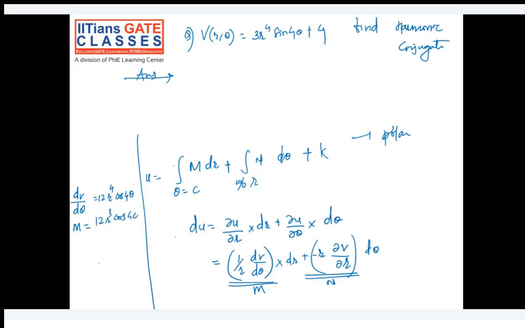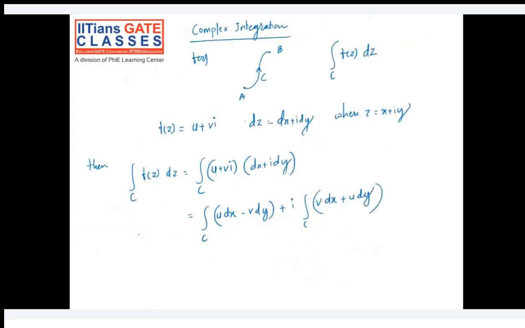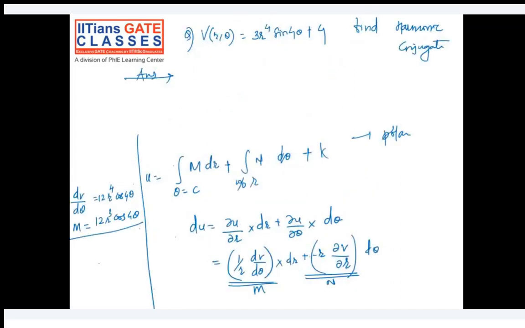In a similar way, what is dv by dr? dv by dr is 12 r cube sine of 4 theta. And what is the value of n? n is equal to minus 12 r raised to the power 4 sine of 4 theta.